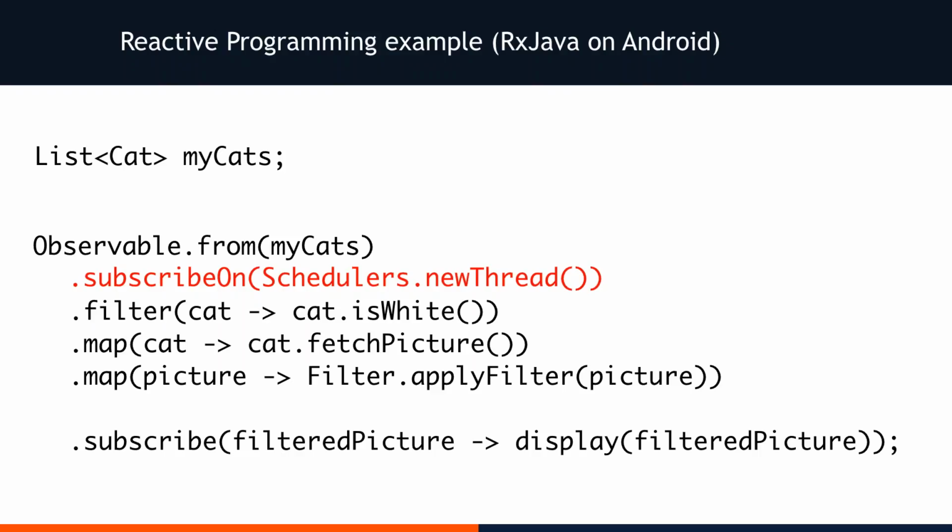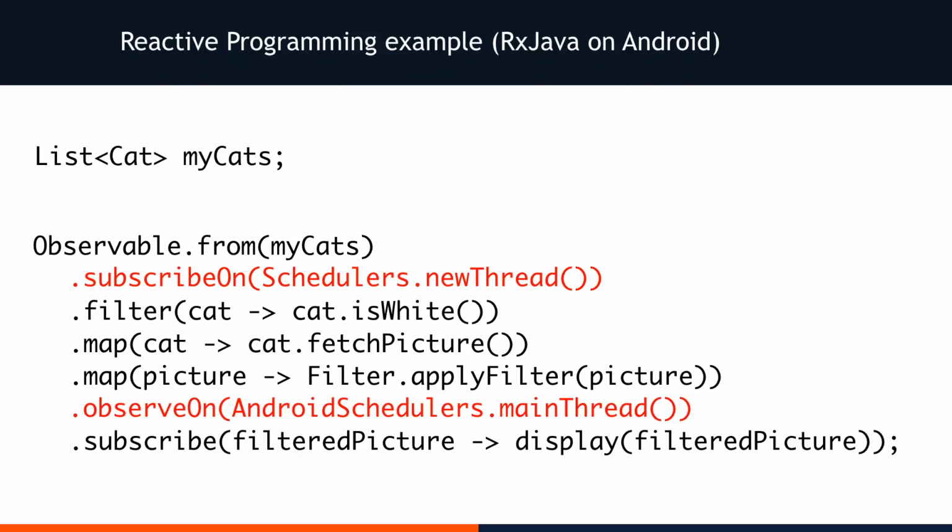That means that everything that comes after that operator in the stream, every step, will be executed on a new thread. When we get to the end of the processing and we want to do something on the original thread, we can just add this observeOn operator. What's inside it is a bit of an Android-specific thing that will basically retrieve the results of the processing, and the final subscribe step will be executed on the main thread.